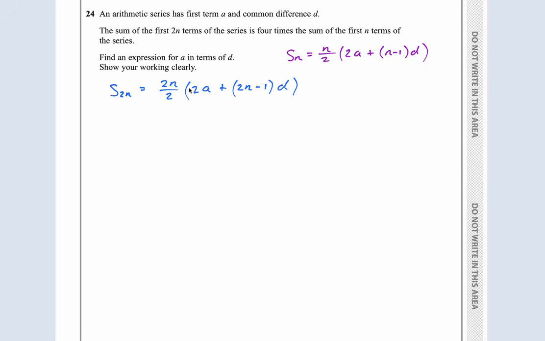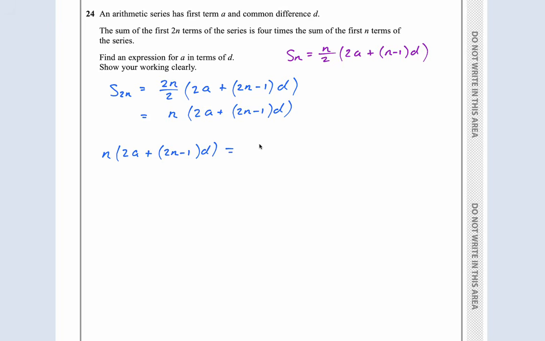Let's do it. And by the way, this simplifies to, I'll just do it, n into (2a plus (2n minus 1) d), because 2n over 2, the 2's cancel, I'm left with n. So I can write n into (2a plus (2n minus 1) d) equals 4 of these.